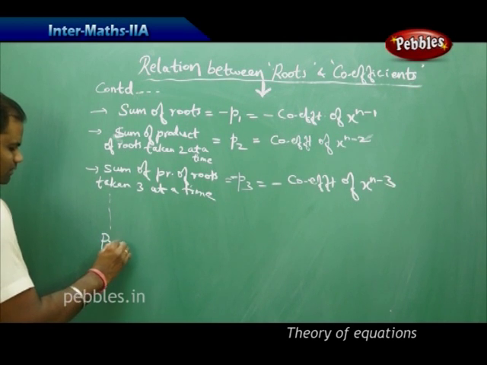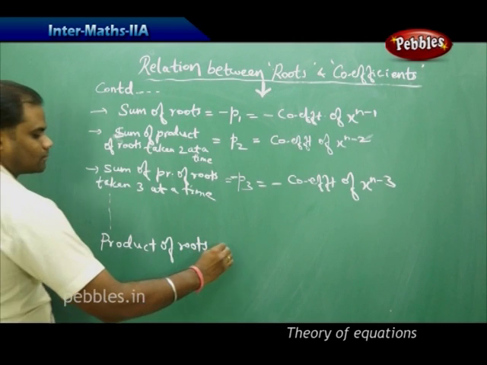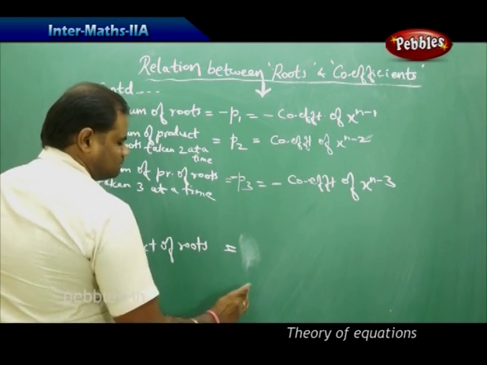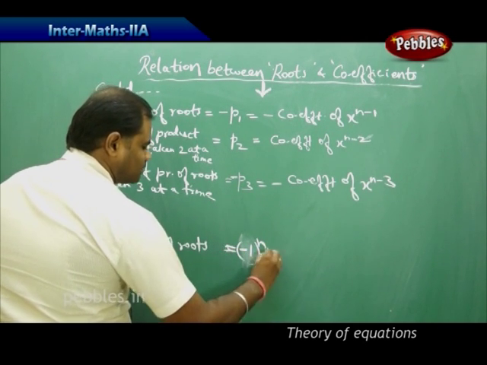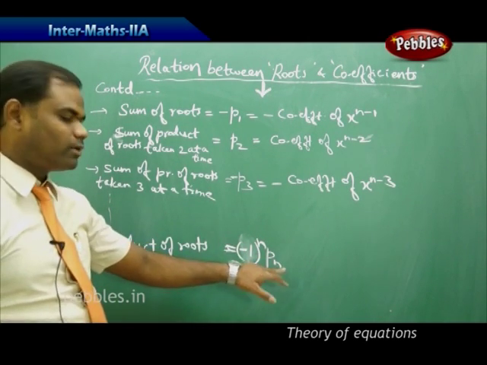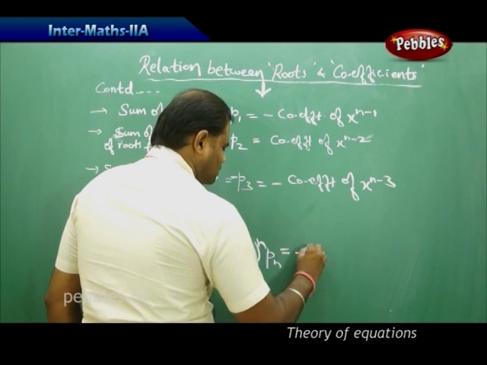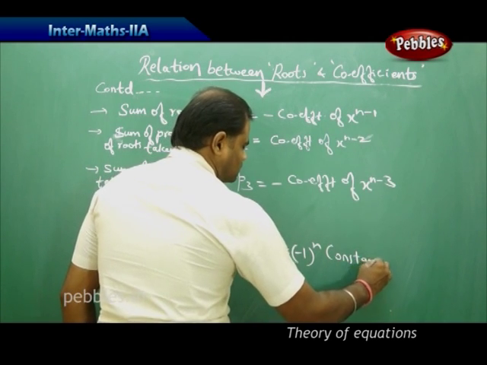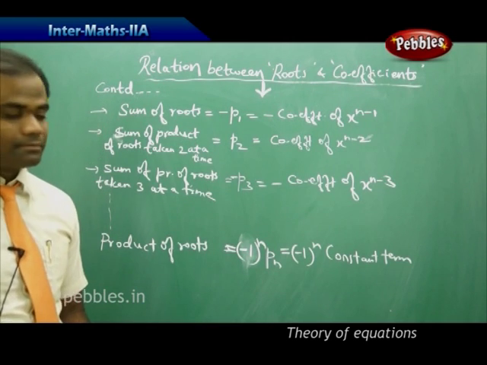Then finally the product of roots, which is denoted by minus 1 whole power n of Pn, is what I get for the product of roots, and this is nothing but minus 1 whole power n of the constant term of the given equation.